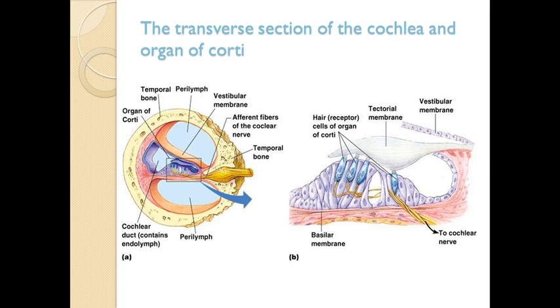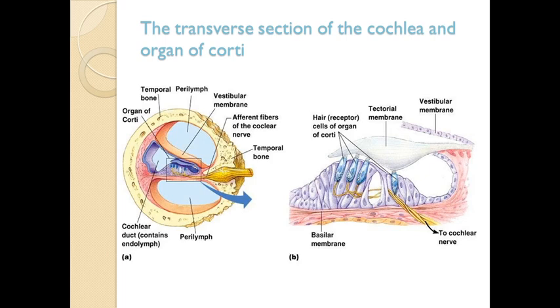When we consider this organ of Corti, it is a very important structure because it contains the auditory receptor cells, or hair cells, which are the auditory receptors. And also it contains supportive cells, nerve fibers of the auditory nerve, the basilar membrane, and another membrane called the tectorial membrane.